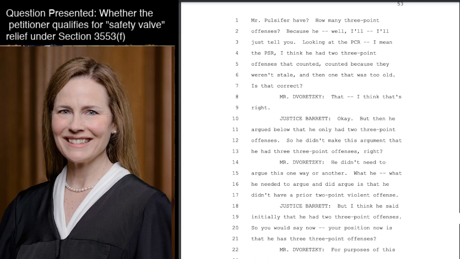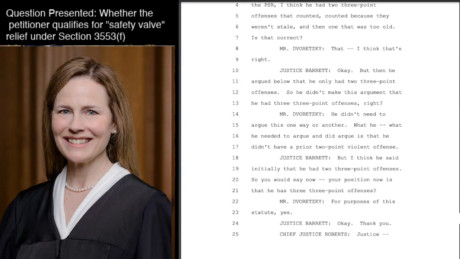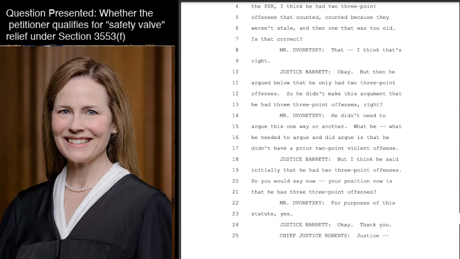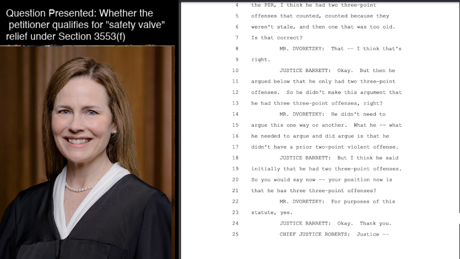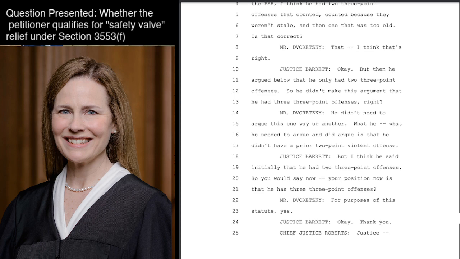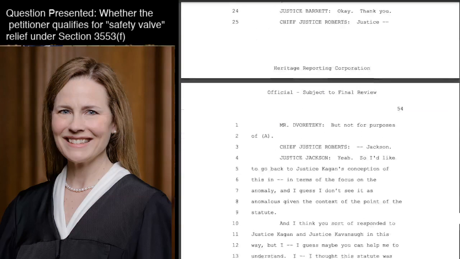So he didn't make this argument that he had 3 3-point offenses, right? He didn't need to argue this one way or another. What he needed to argue and did argue is that he didn't have a prior 2-point violent offense. But I think he said initially that he had 2 3-point offenses. So your position now is that he has 3 3-point offenses. For purposes of this statute, yes. Okay, thank you. But not for purposes of A.